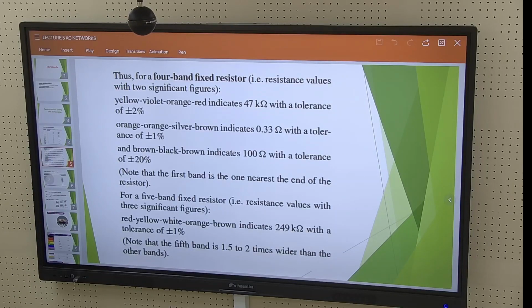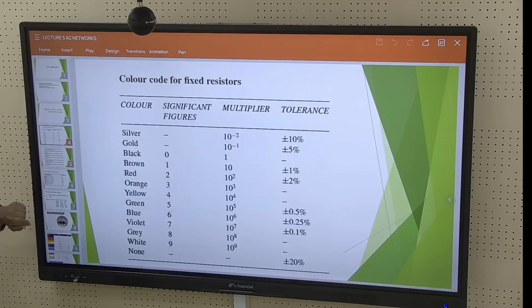Now if it's orange, silver, brown: orange is 3, and the orange again is multiplied by 10 power 3.